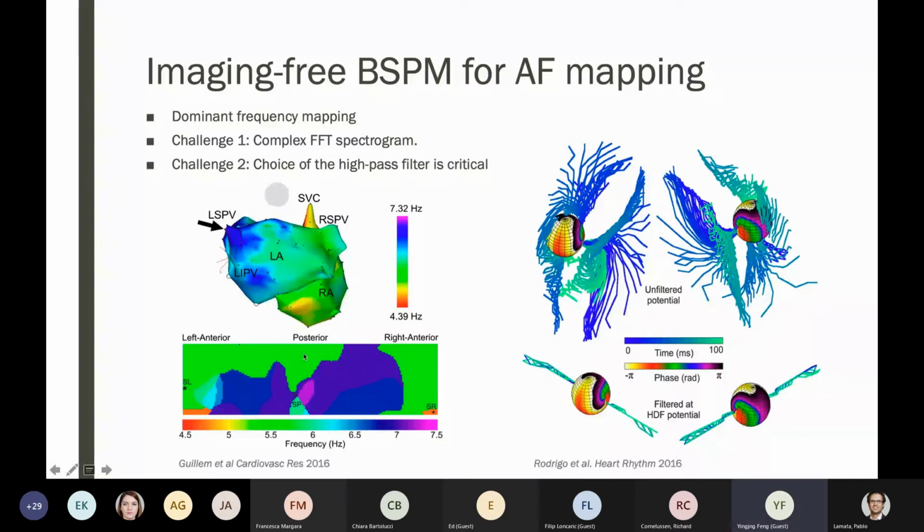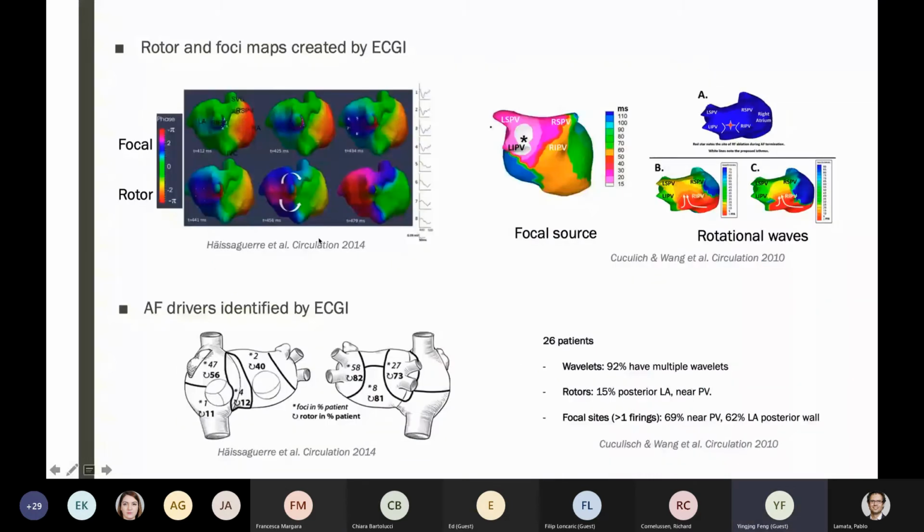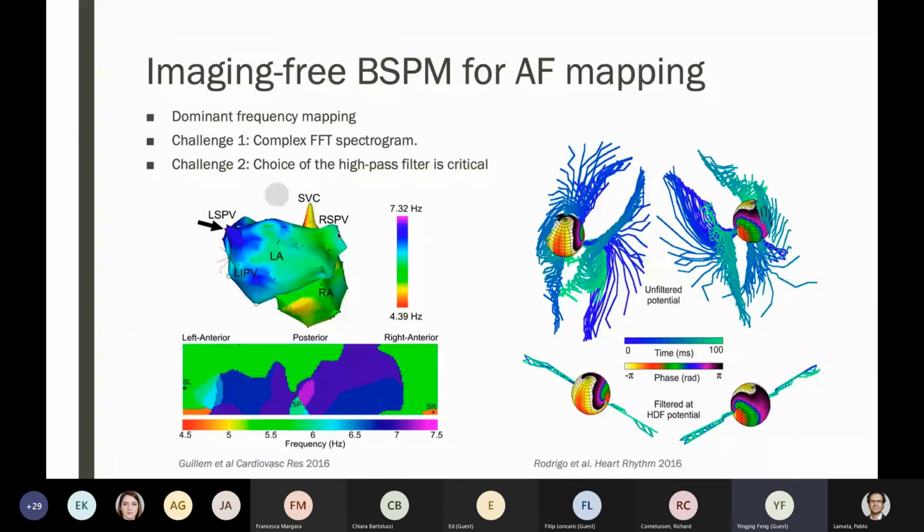However, the main challenge is that dominant frequency relies on using FFT to produce a spectrogram, and this can be quite complex and hard to interpret.